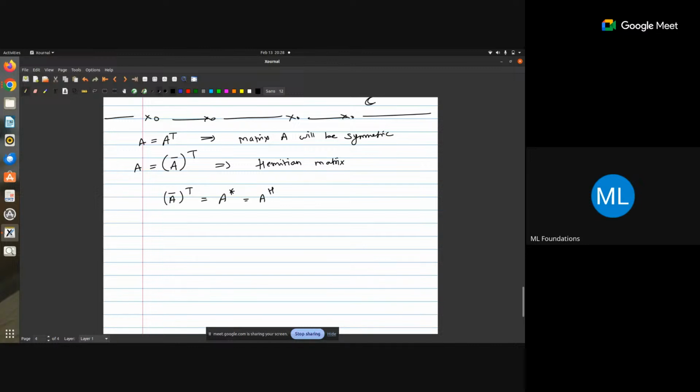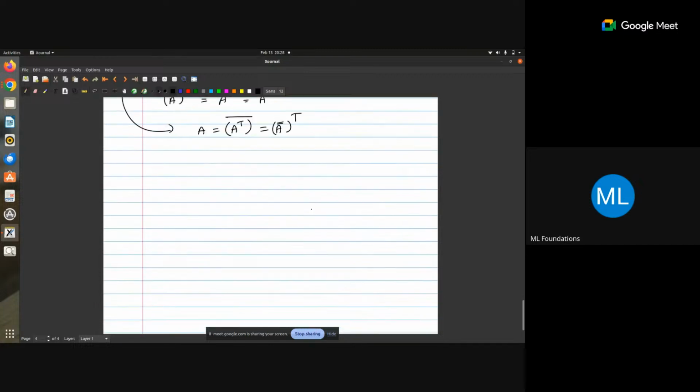If A equals A conjugate transpose or A transpose conjugate, both are equal, and when this happens, we call it a Hermitian matrix.